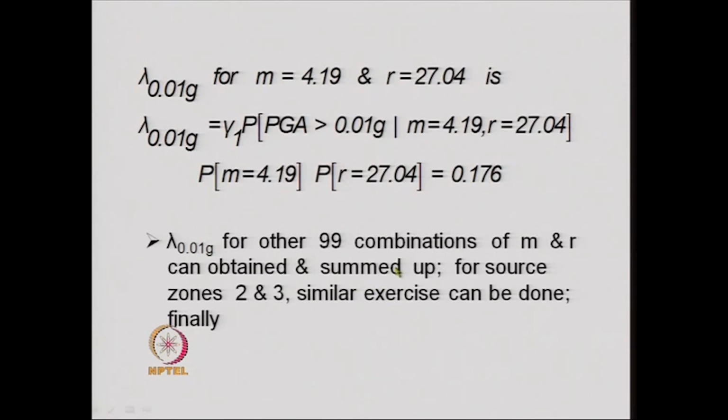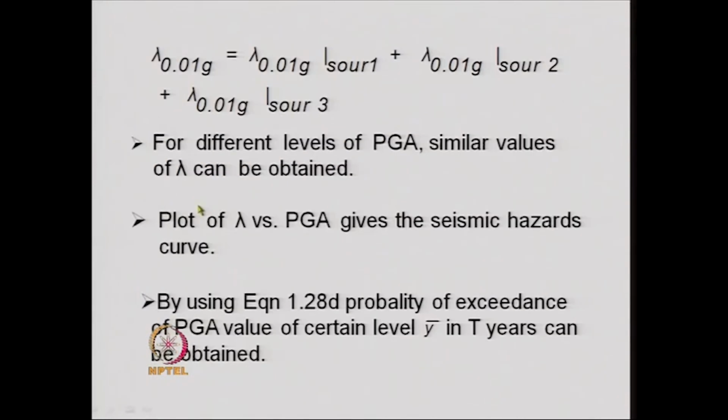For source zones 2 and 3, similar calculations can be carried out. Finally, we get the value of the rate of exceedance of PGA 0.01 g by summing what we get for source 1, source 2 and source 3, and we get the value of lambda 0.01 g.